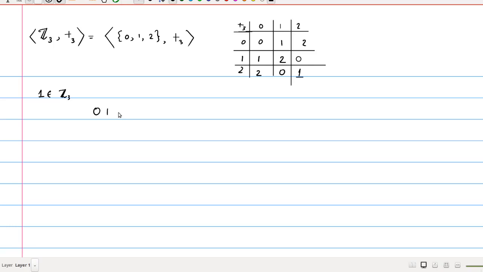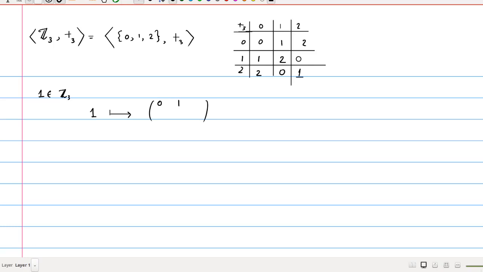How will you construct the permutation corresponding to 1, not corresponding to 0? If you take 1, then you can construct a permutation corresponding to this 1. In order to construct the permutation, we use these 3 symbols 0, 1, 2 rather than 1, 2, 3.